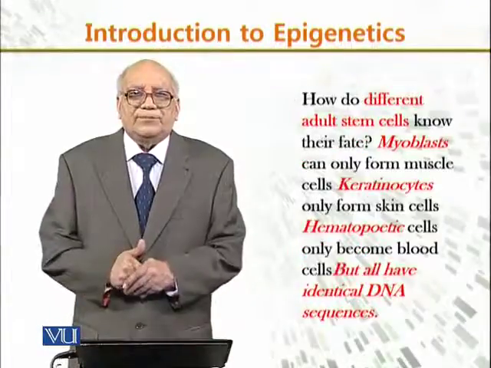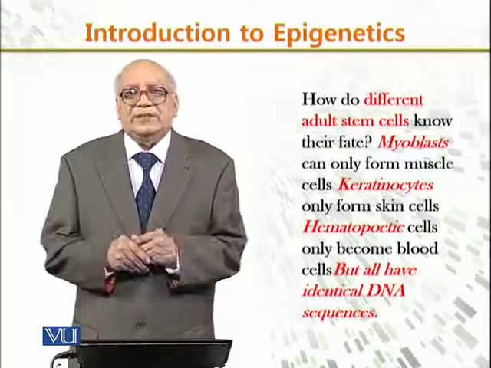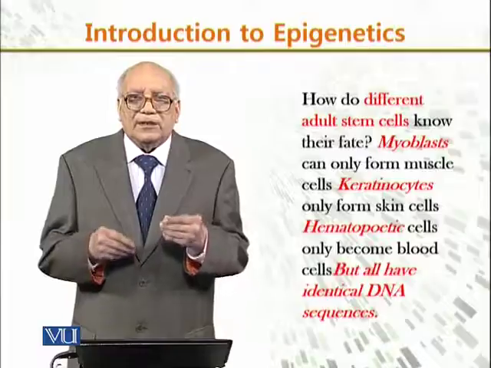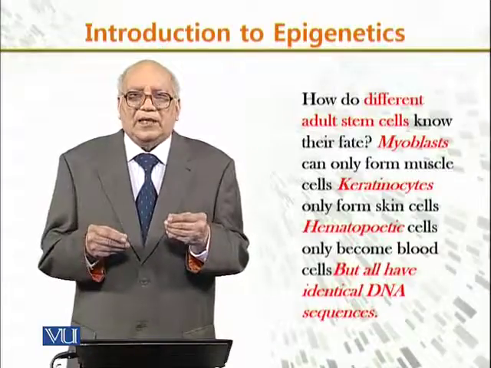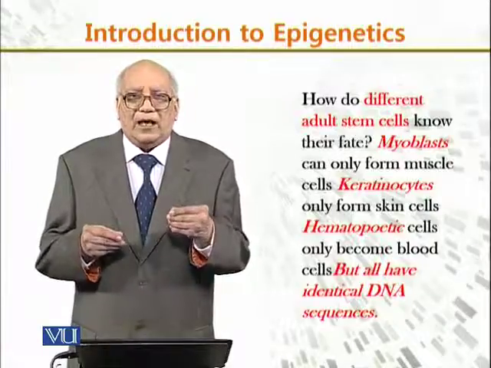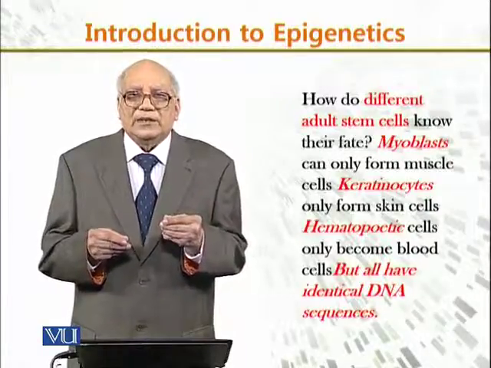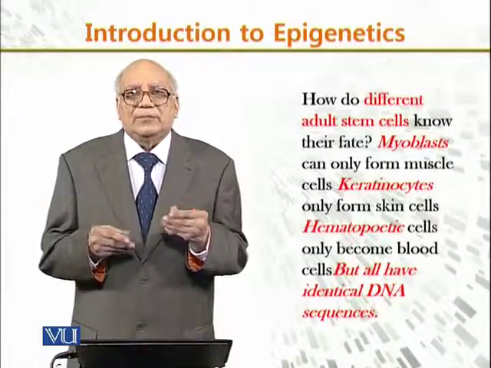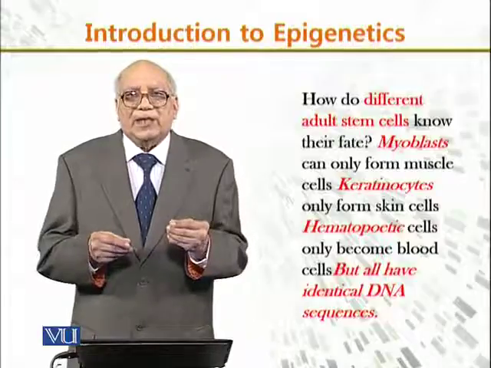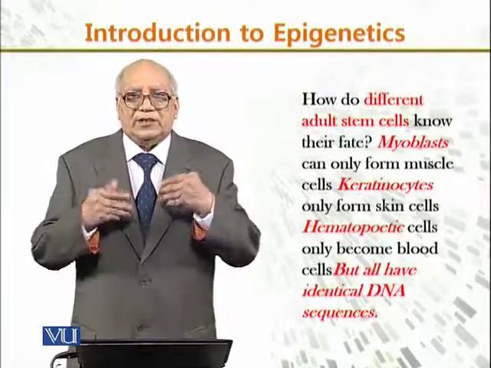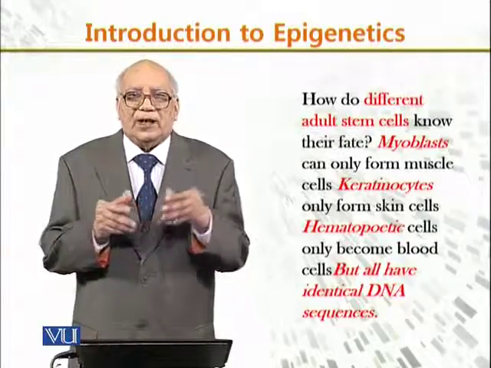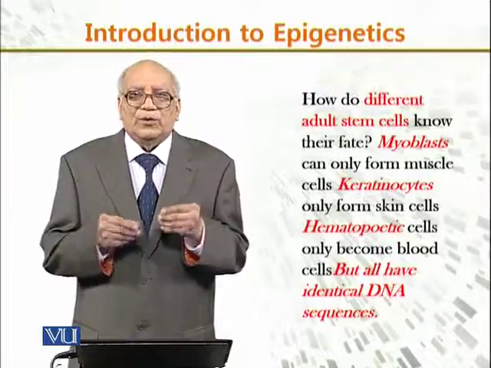Now, the thing is, how do different adult stem cells, and remember, stem cells are those cells from which the whole body or whole organ is composed, know their fate? Remember that there is one fertilized cell, and from that the whole body is constructed after fertilization. The question arises: how do these cells know their fate?